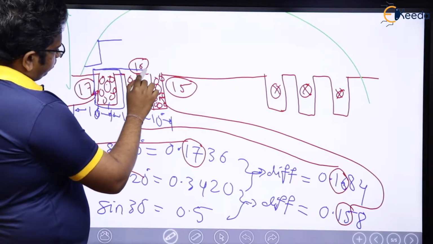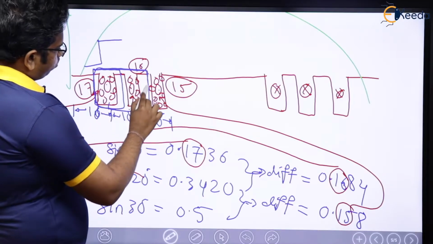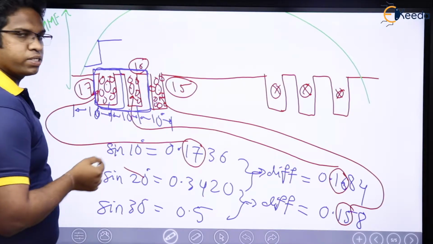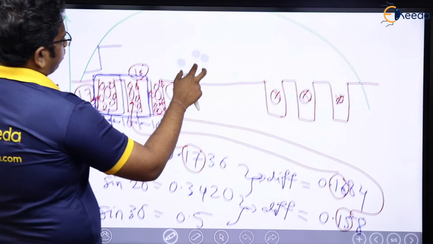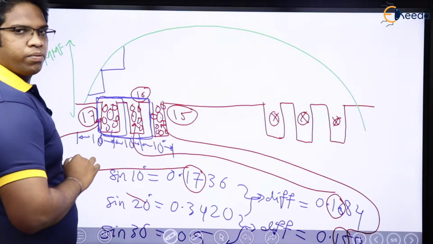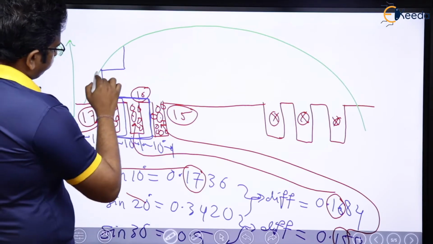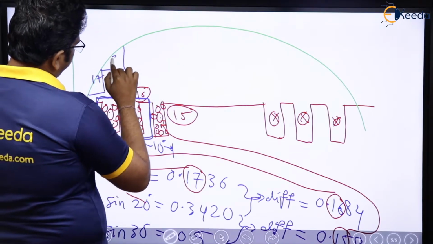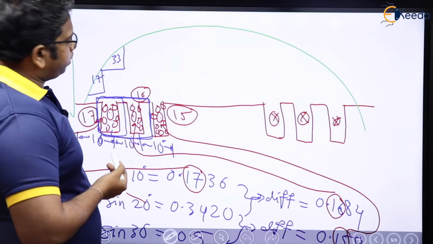If I consider the second closed path, what do I have? I have 16 plus 17, which means a further increase here. 16 plus 17 is going to be 33. From here to here, the total is going to be 33.